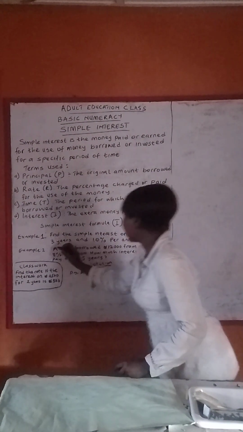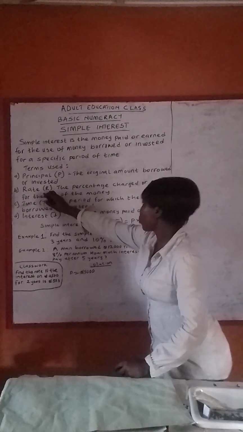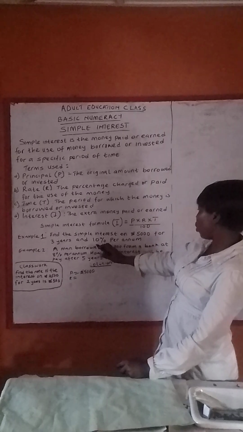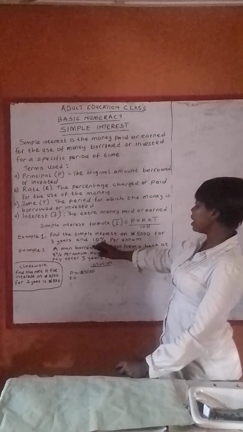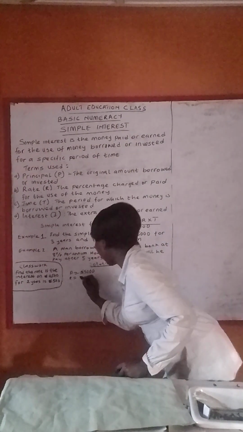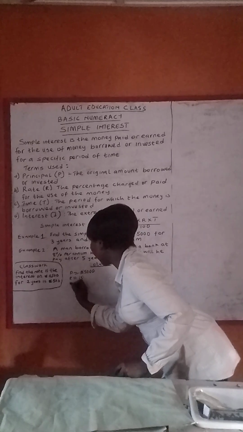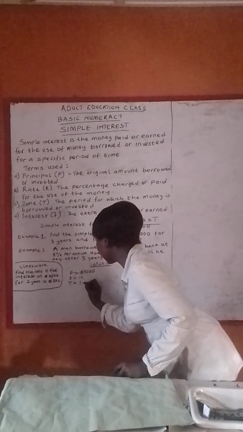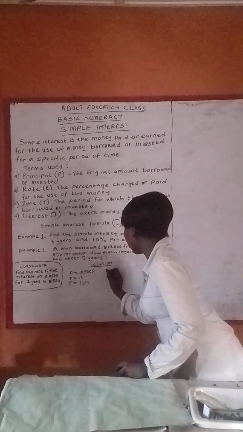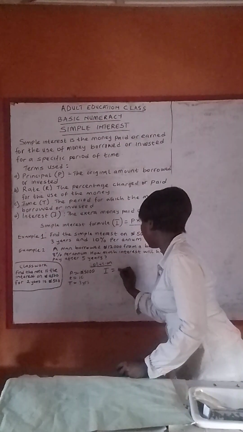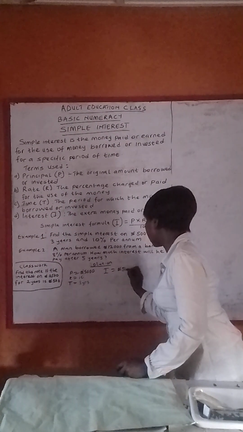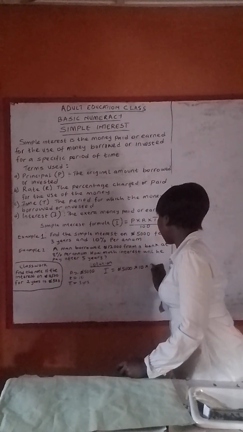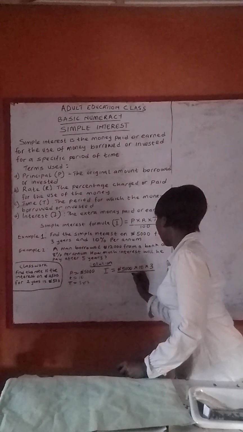Then we have the R. R is the rate. The rate, they have told us, is 10%. And that is 10. And then we have the T. T is the time. Time is 3 years. So you bring all of them in. I equals 5,000 naira multiplied by 10 multiplied by 3 over 100.